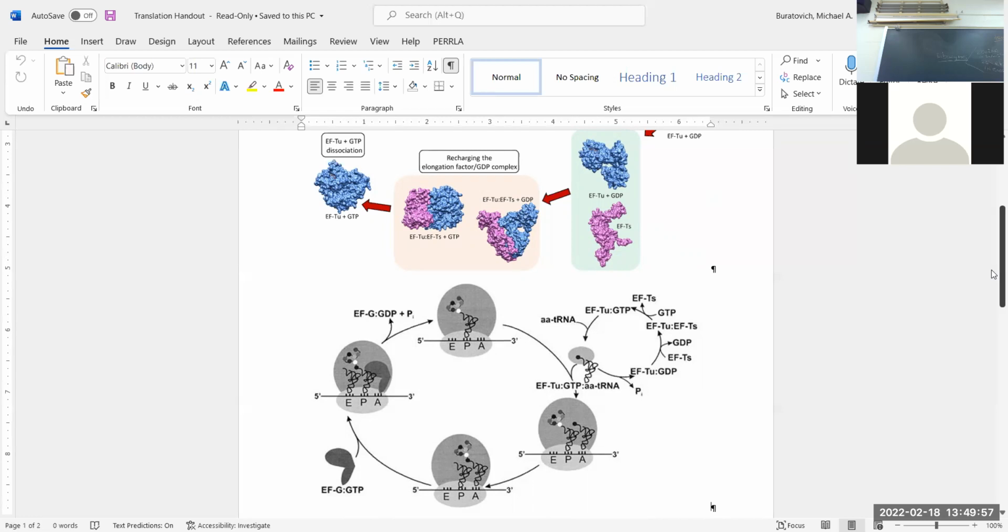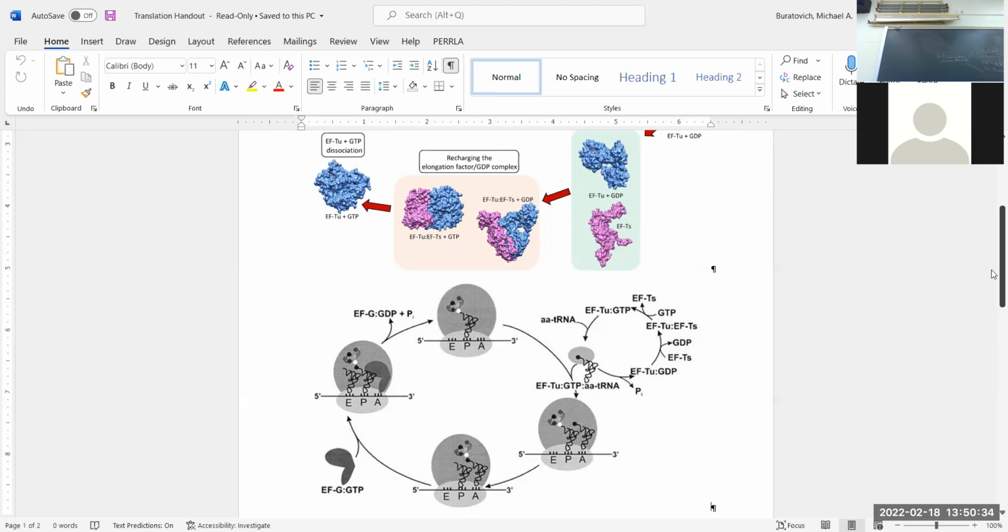You exchange the GDP for GTP, and then it finds another dance partner, so to speak, and does it all over again. I'm just trying to figure out how the top and the bottom connect. This essentially is this cycle here. So the top is just that little circle, and it's more detailed than this part right here. Yeah. That's how you get the charged tRNAs to the ribosome and have them associate with the right codon.